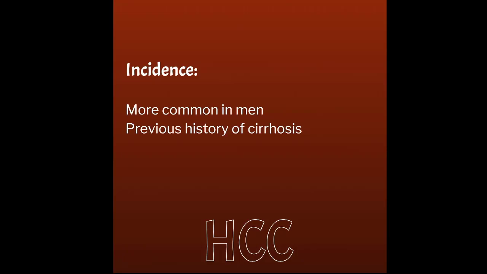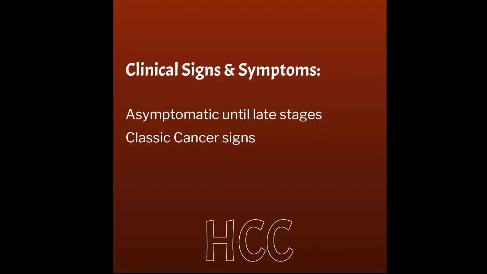And remember that hepatitis or chronic hepatitis can lead to cirrhosis, which then can lead to HCC. Hepatocellular carcinoma is typically going to be asymptomatic until later stages, and it's going to present with classic cancer signs. So we're talking about fatigue, weight loss, night sweats, all of that.